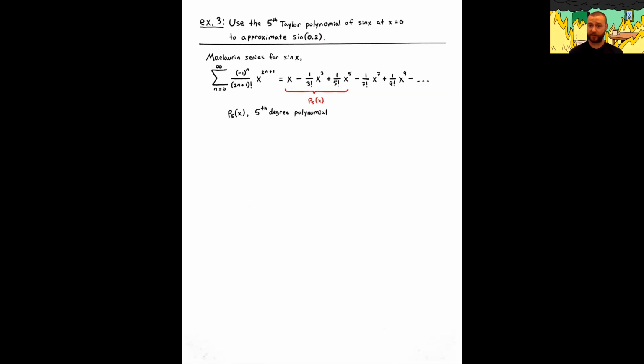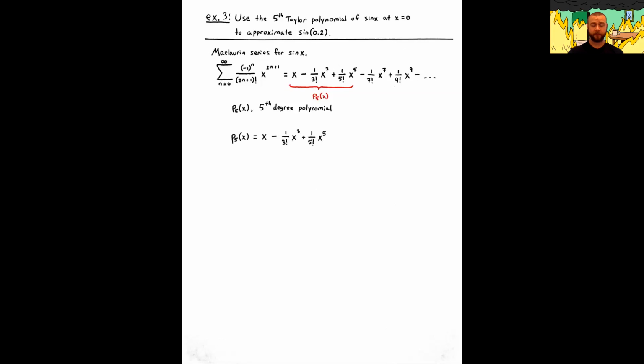So we basically calculated that in the previous part of this lecture. So we have the fifth Taylor polynomial here. What I want to do is take a look at a visualization for what these Taylor polynomials look like before we move on to finish this problem. So we have the fifth Taylor polynomial here. Notice it's a degree 5 polynomial.